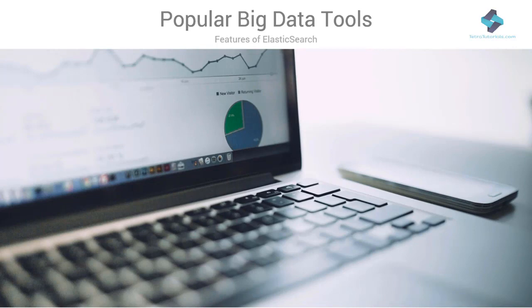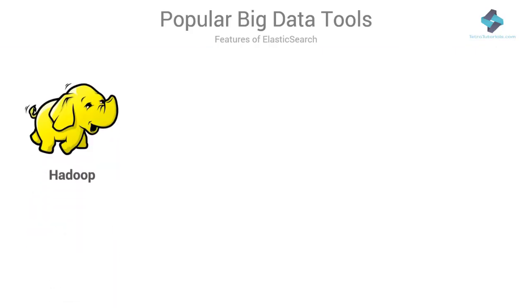So how do we deal with the problem of processing such large amounts of data and finding key relevant insights within seconds? Several tools have sprung up to address this problem. The first one you may have already heard of is Hadoop. Hadoop is an open source Java-based programming framework that supports the processing and storage of extremely large datasets in a distributed computing environment.